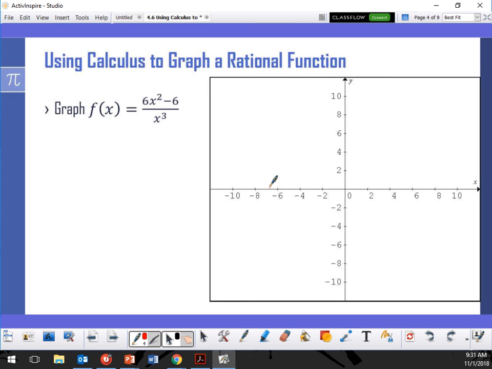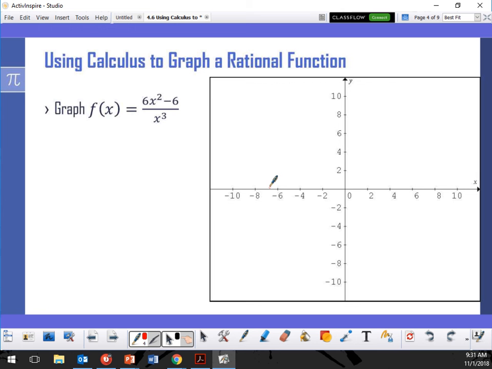If the top is bigger by 1 degree, I have a diagonal asymptote. And I get that from doing long division to figure out what my diagonal asymptote is.